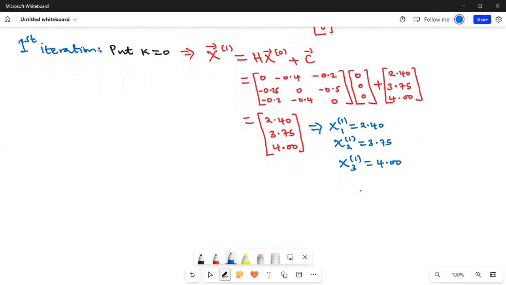So you can write here, second iteration. Here now we put k equals 1.